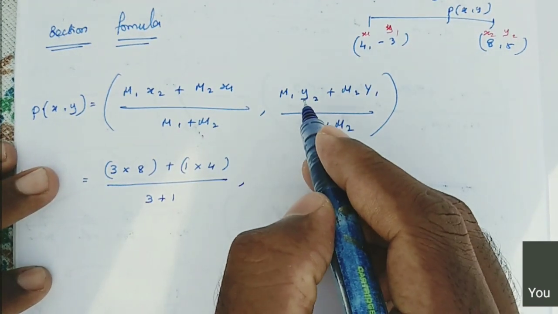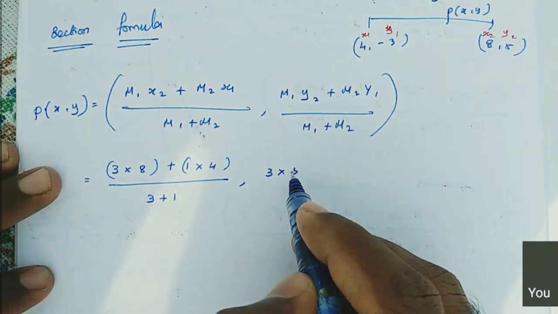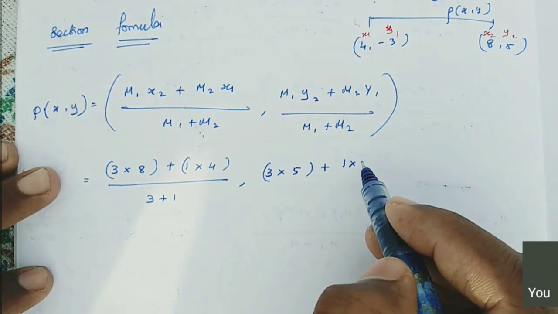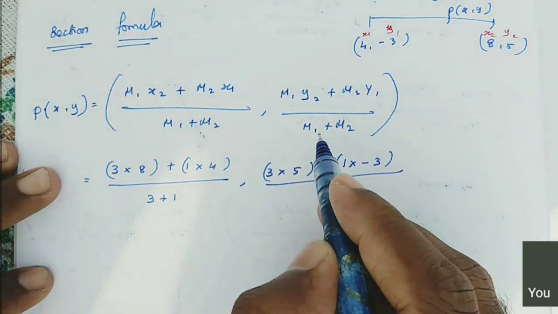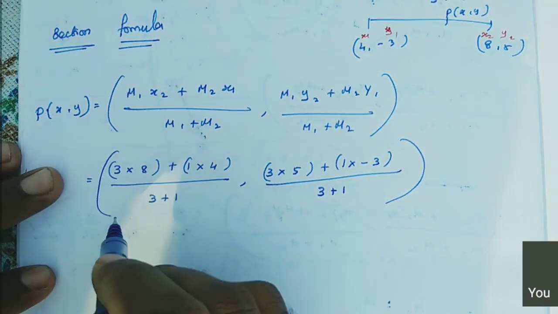Next, m1 is 3, into y2, which is 5, plus m2, 1, into y1, which is minus 3, divided by m1 plus m2, which is 3 plus 1. Clear? Any doubt?